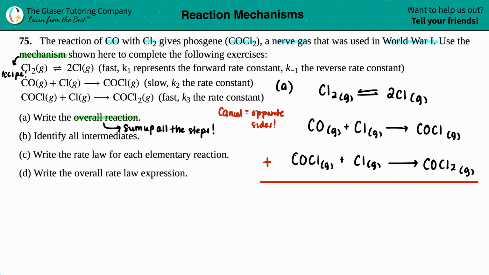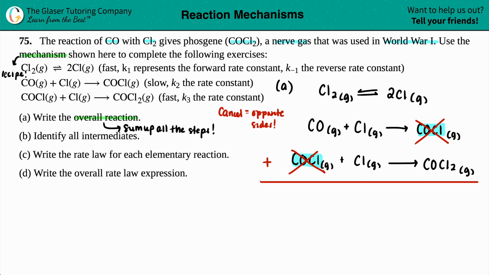Well, I see that I have a COCl here, and then another COCl. They're identical. They're both gases, so they're both the same compound. One's on the right, the other one's on the left. They will cancel out. Goodbye. Everything that cancels out does not get written as your overall reaction.